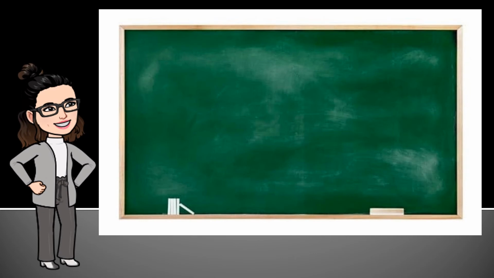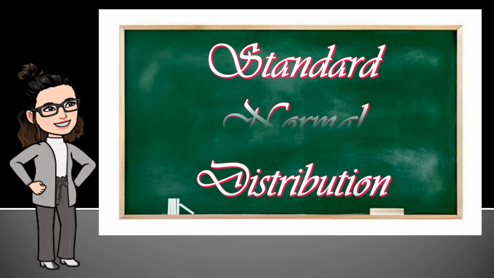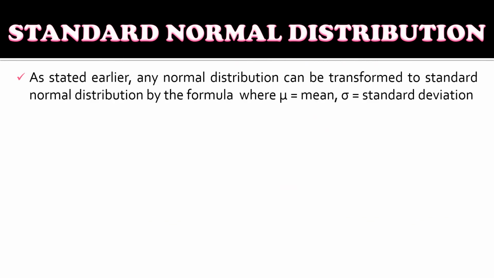For today's topic, we have standard normal distribution. As stated earlier, any normal distribution can be transformed into a standard normal distribution by the formula where mu equals the mean and sigma equals the standard deviation.